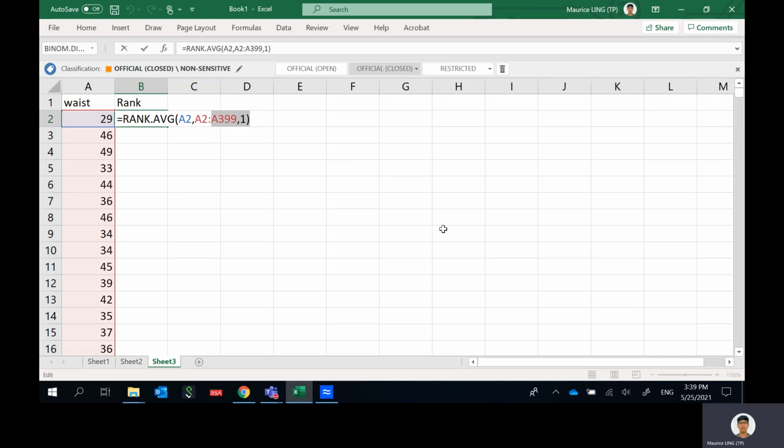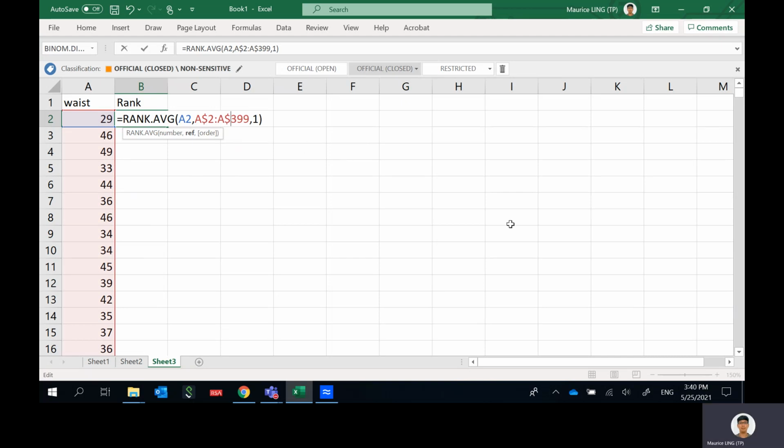But this part, you cannot drag down first. What happens if you drag it down? The reference range will change as you drag down. So you want to lock the value as it is. In order to lock it, you lock the row position, not the column position. To lock the row position, you put a $ sign in front of it.